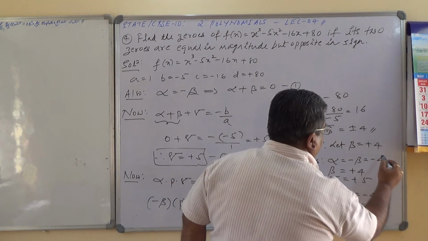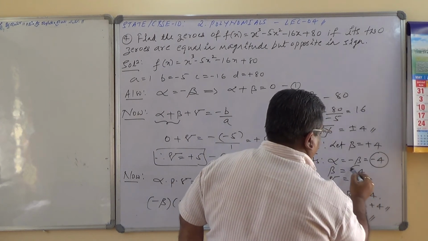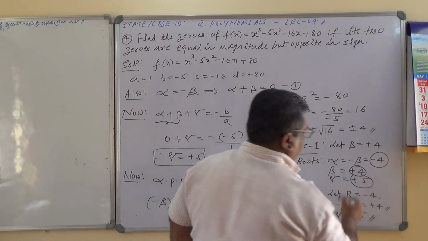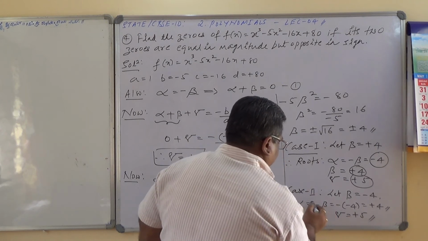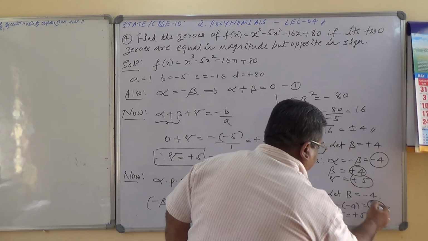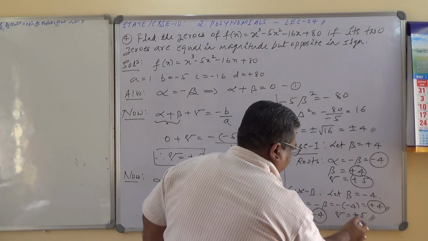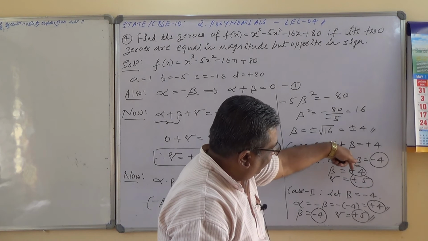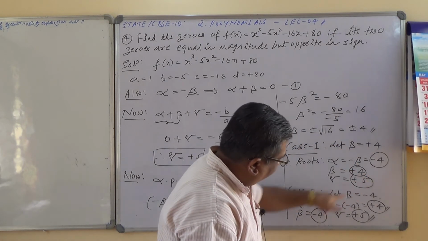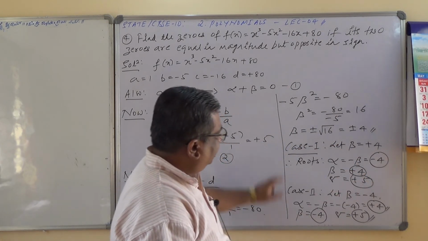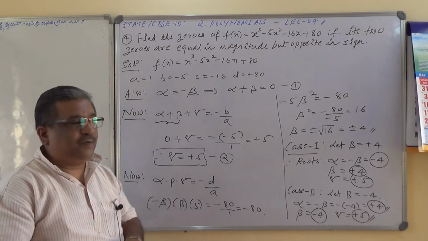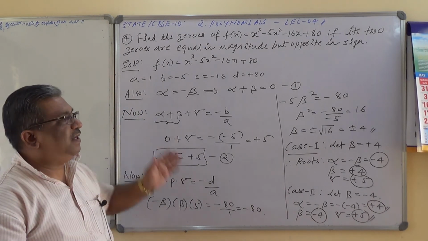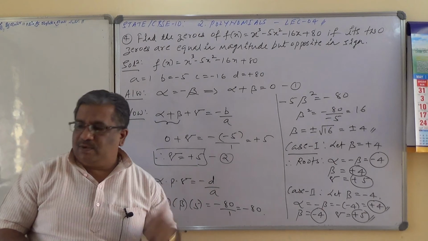Very important: minus 4, plus 4, 5 is the first set, and plus 4, minus 4, plus 5 is the second set. These are the two cases and the two sets of roots. I hope you are able to understand. I'll take up the next sum, note it down.